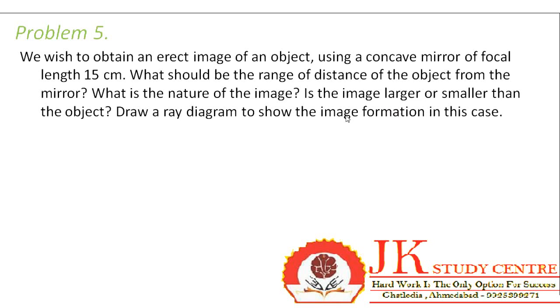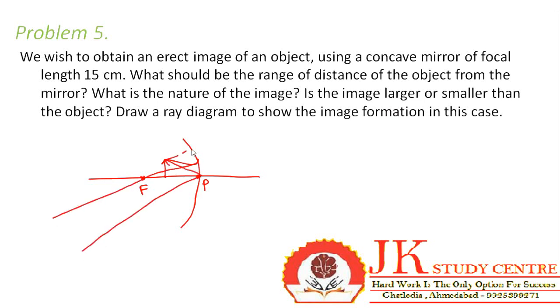But what did we see? We saw that when the object was placed very close to the concave mirror, that means when the object was placed between the pole and principal focus, if this is the pole and this is the principal focus, only then we got a virtual and erect image, because in that case something like this happened, and therefore these two rays met at this point, and so we got a virtual and erect image.